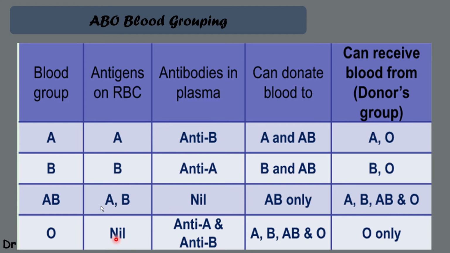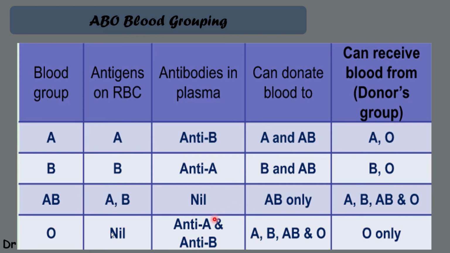So if it enters into the A blood group, if no enemy is there, then even though soldiers are there, they are not able to kill. So if O enters into A, no complication. If it enters into B, no complications. Even AB, no complications, and O.